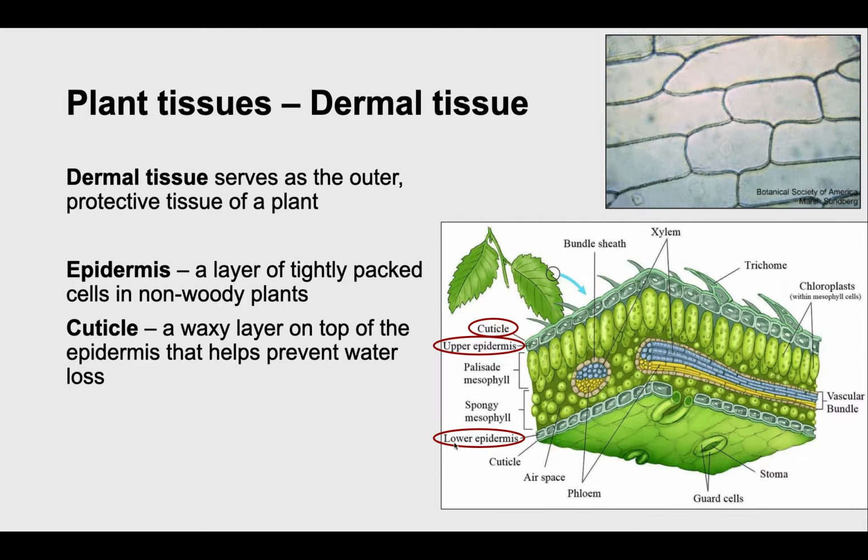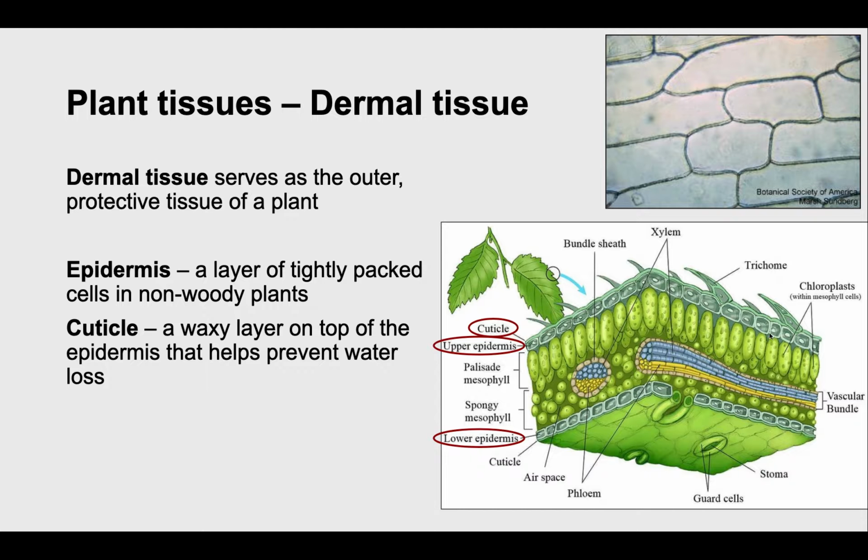I have put up here a cross section of a leaf. If I took a leaf and I cut it in half and looked at the little thin strip that I cut, I'd be looking at something similar to this. On the top here, we have this layer of cells. That would be the upper epidermal cells.